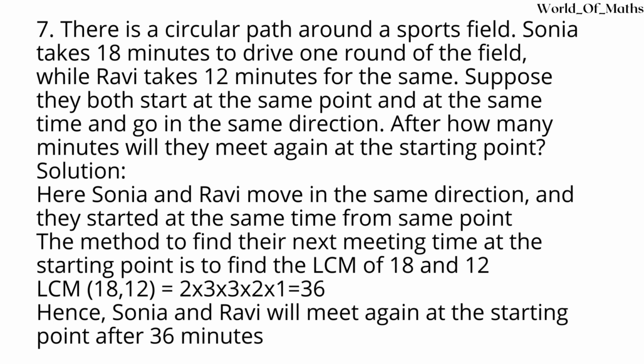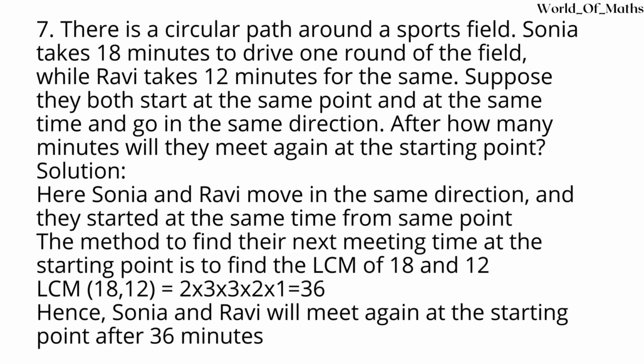So if we find the LCM of 18 and 12, that is the next meeting time of both Ravi and Sonia. The LCM of 18 and 12, we know, is 36. So hence we can say Sonia and Ravi will meet again at the starting point after 36 minutes.